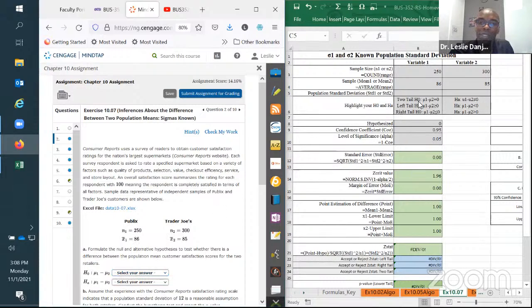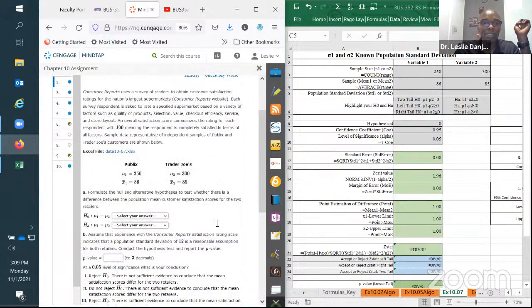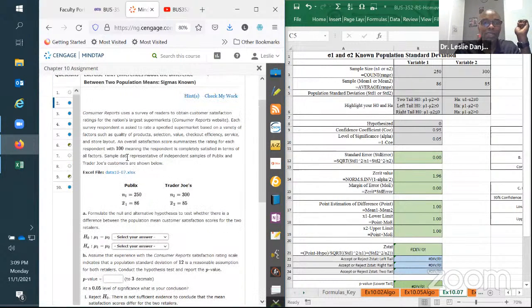But what is my population standard deviation? Let me look here. An overall satisfaction score rating for each respondent, with 10 meaning the respondent is completely satisfied in terms of all factors.